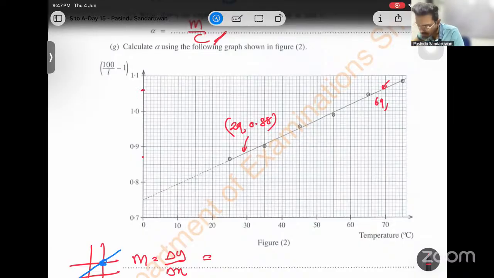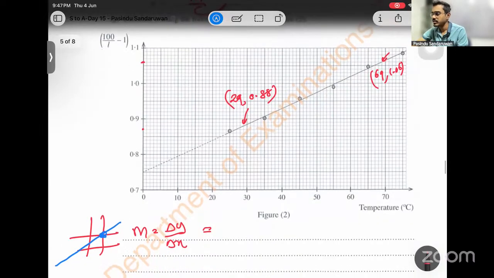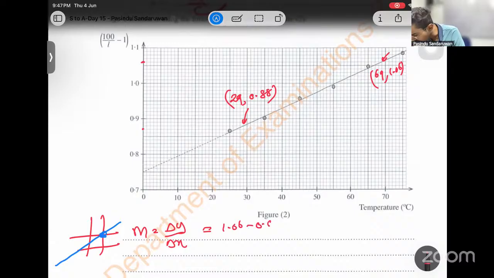So it has reached 1, plus another 0.06, then 1.06. Now get the reading. Delta y is 1.06 minus 0.88, over delta x, 69 minus 29.